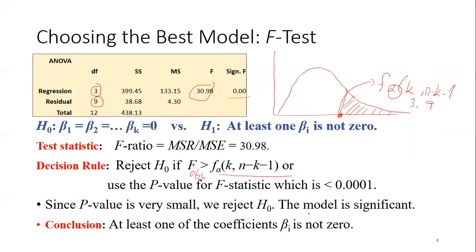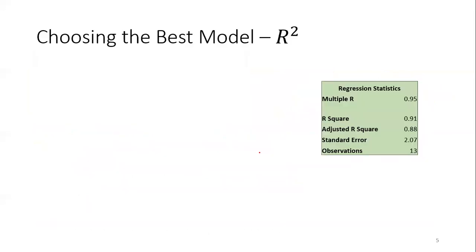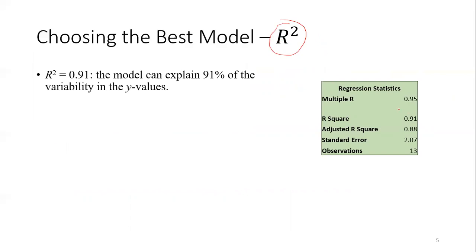So that's what we talked about. The next thing is the R square. Remember the R square, the coefficient of determination. R square here is 0.91. So remember what it was.